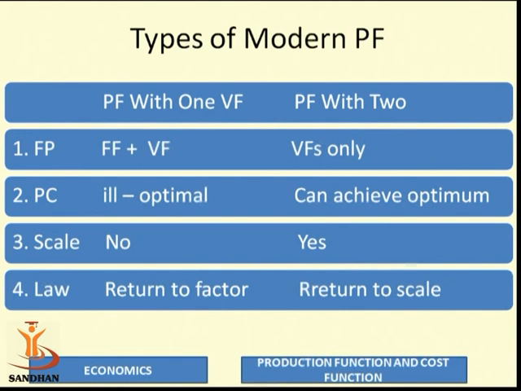If you take the first point of difference, that is the factor proportion. In the first case, there are fixed factors and variable factors. At least one factor should be variable. In the long run, or production function with two inputs, both are variable. Now, since one factor is fixed and some factors are variable, no firm can achieve optimization in the short run.